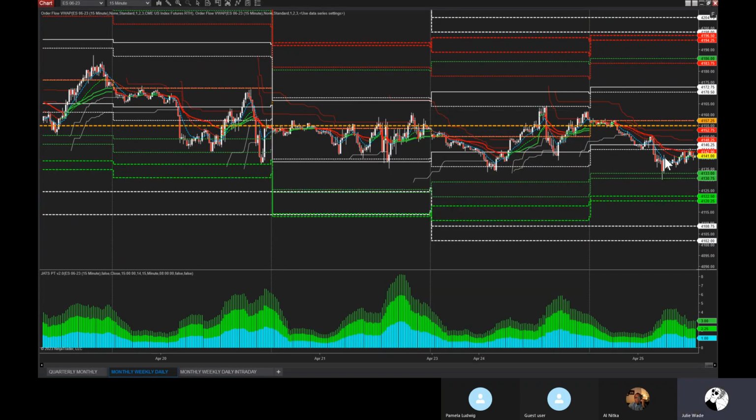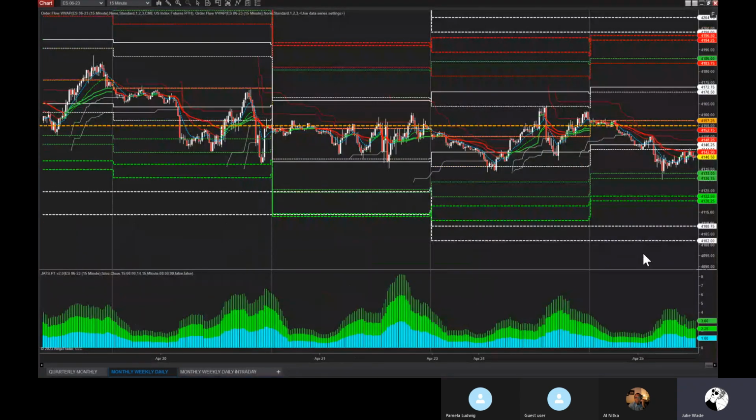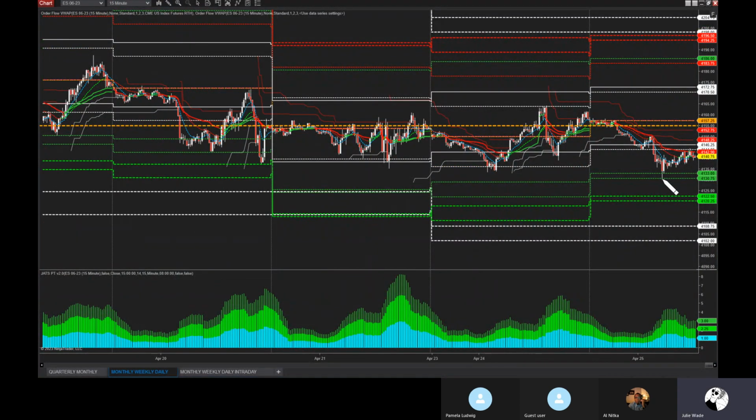So one thing I like to do, just to point it out, is measure the range. And so I'll know in Globex to look for about 24 points. So let's measure it. Get the old ruler out.